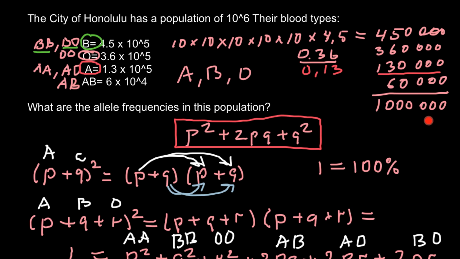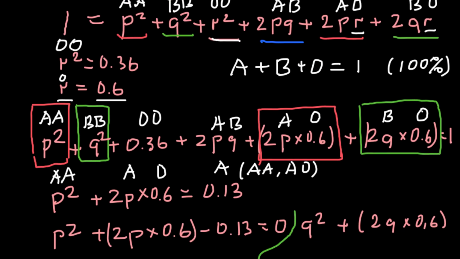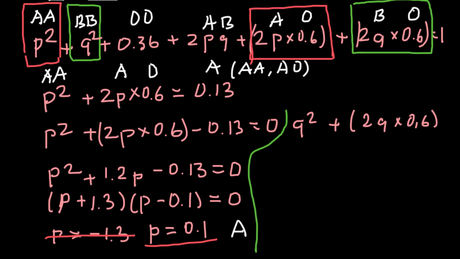If we divide by the total number of people in Honolulu, we would find that the frequency is going to be 0.45, and this is the frequency of occurrence of phenotype B in the population of Honolulu. So now we can return to our calculations. Sorry, I don't have much space left here, so this would equal the frequency of occurrence of this phenotype in the population, that is 0.45.